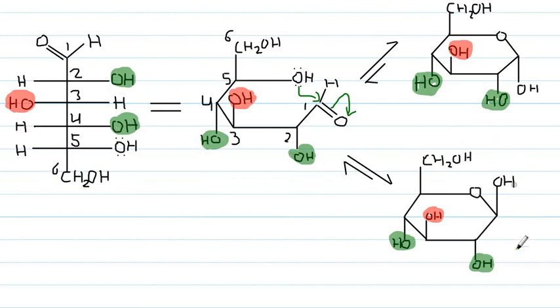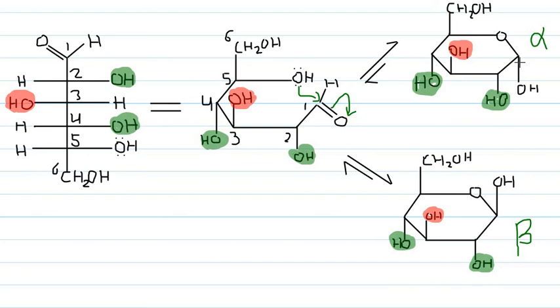Now if this OH group is present on the upside, this is known as beta form. And if this OH group is present on the downside, this is known as alpha. So this is alpha D glucose and this is beta D glucose.